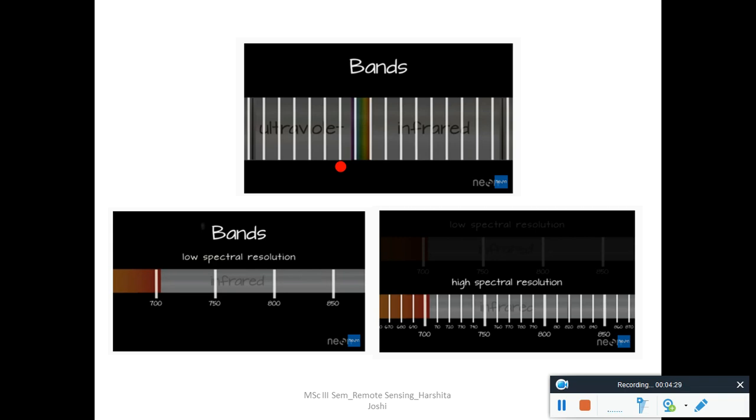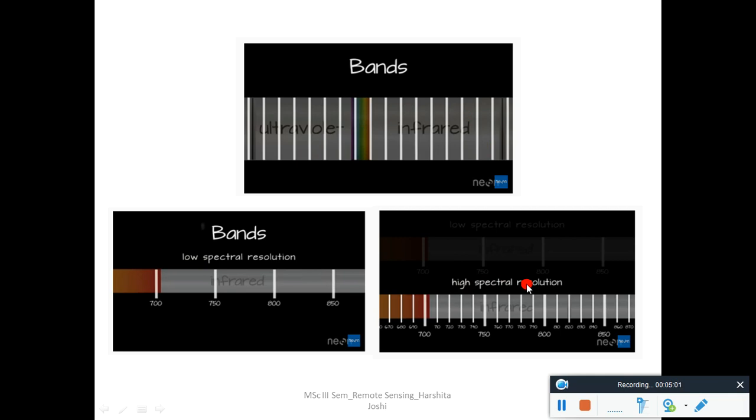Our sensors, that may be the eye or any other sensor, the ability of the sensor to identify the variation in colors or the variation in the bands refers to the spectral resolution. From there we have taken this word spectral. So the larger the bandwidth, the lower the spectral resolution. The smaller the bandwidth, the higher the spectral resolution.